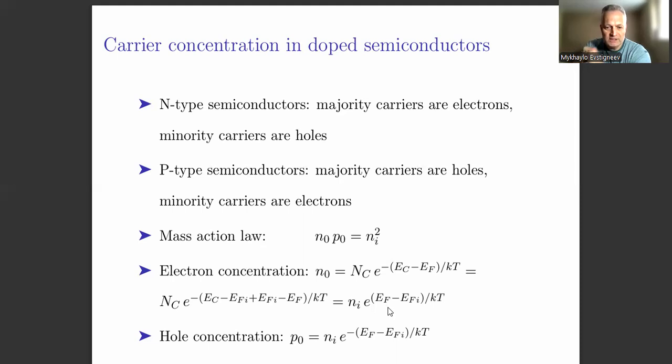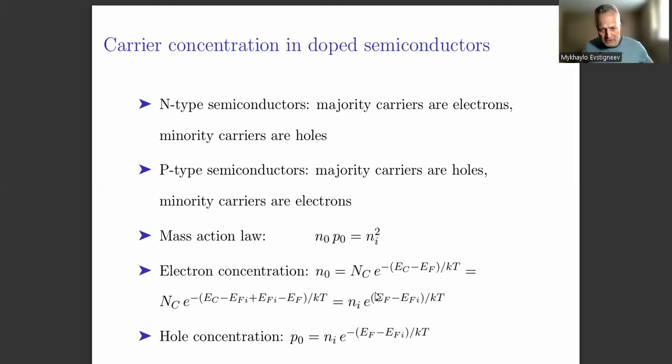If the Fermi energy is higher than the intrinsic Fermi energy, then the semiconductor is of n-type. And if the Fermi energy is lower than the intrinsic Fermi energy, then it is the hole concentration which will be bigger than the intrinsic concentration. The electron concentration will be smaller than the intrinsic concentration.